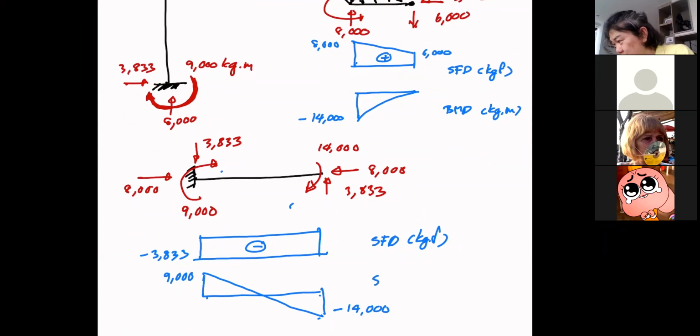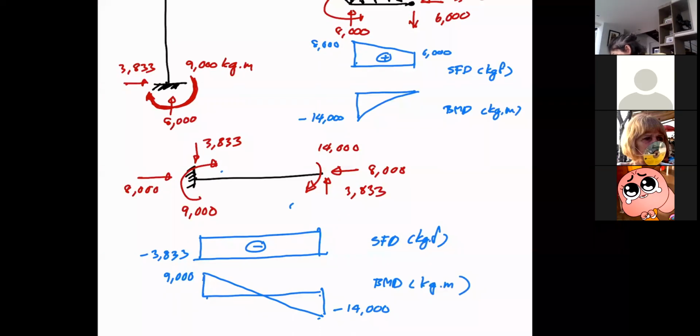And that's, oops, bending moment diagram in kilogram meter. And that is a straight line. So it should not trouble you to calculate this because it's linear, about 2.35 meters. Okay, so that's it. Any question?